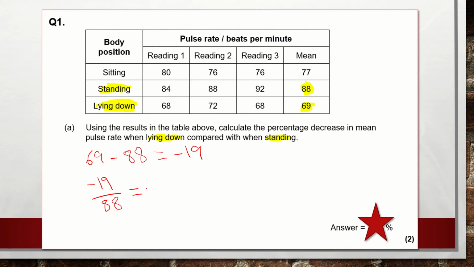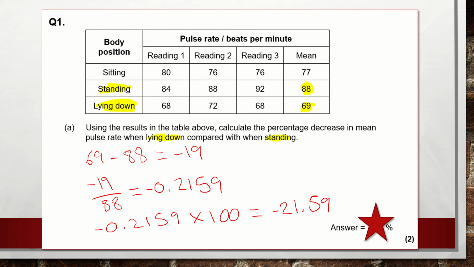That is going to give us minus 0.2159. Now again, we can't leave it as that. We need to multiply that by 100 to give us our percentage. That's going to give us minus 21.59.